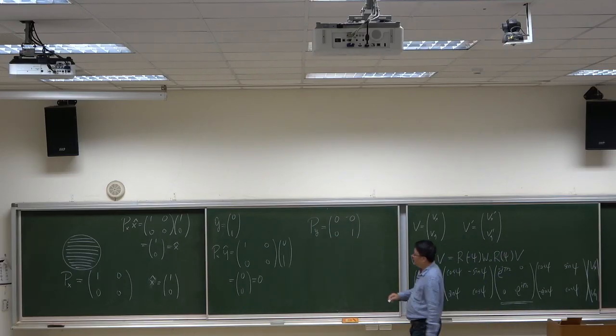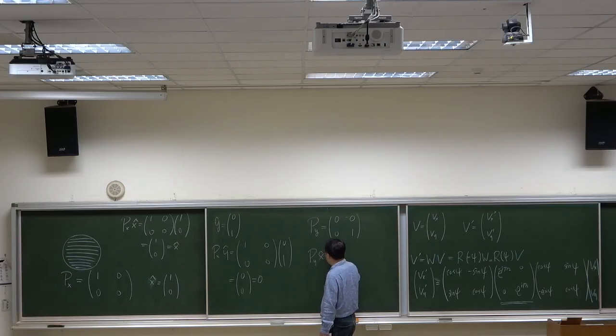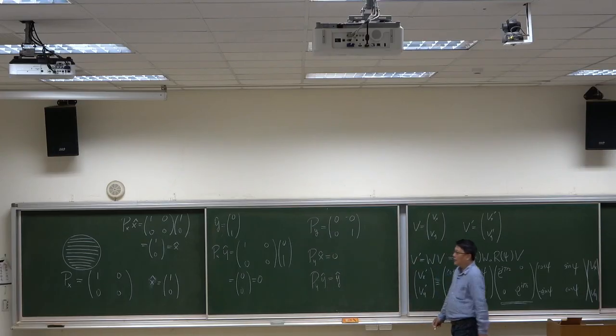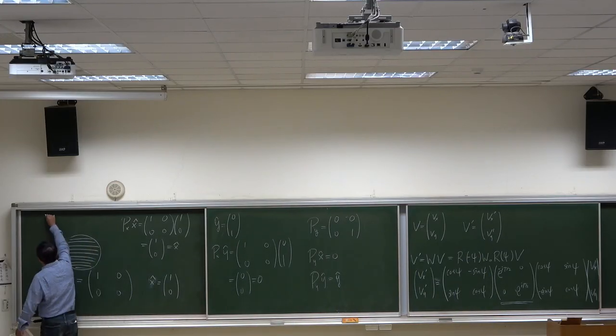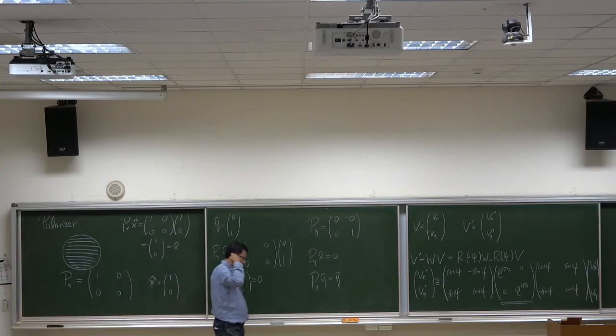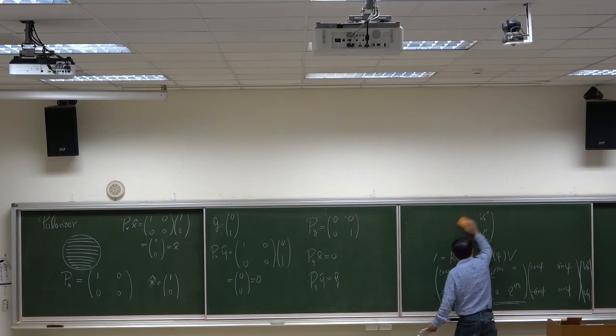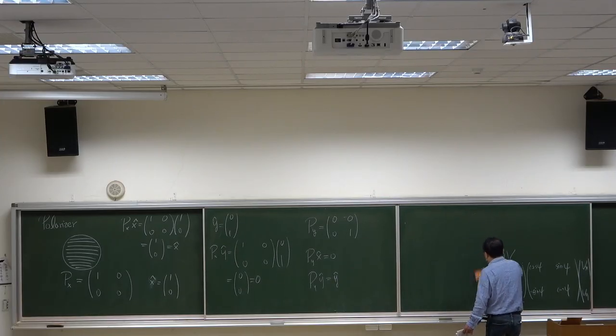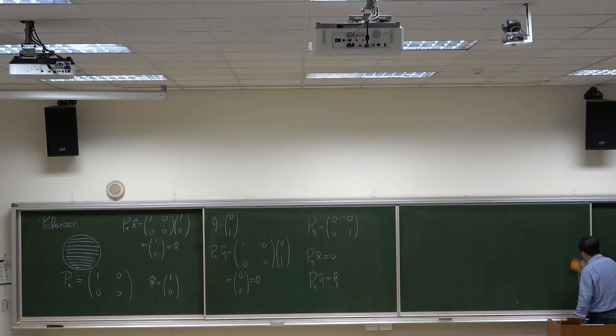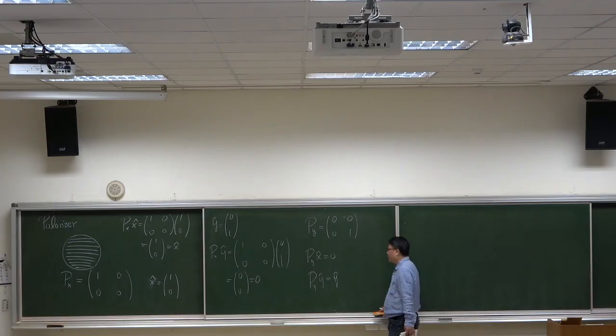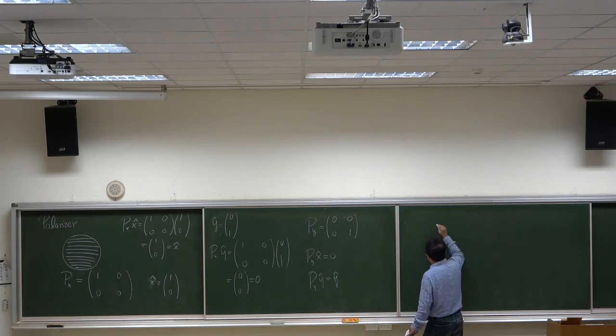Because now you can see that Py times x is 0 and Py times y is 1. Okay, this is about the polarizer. The mathematical description of a polarizer, usually we call this kind of matrix a projection operator.